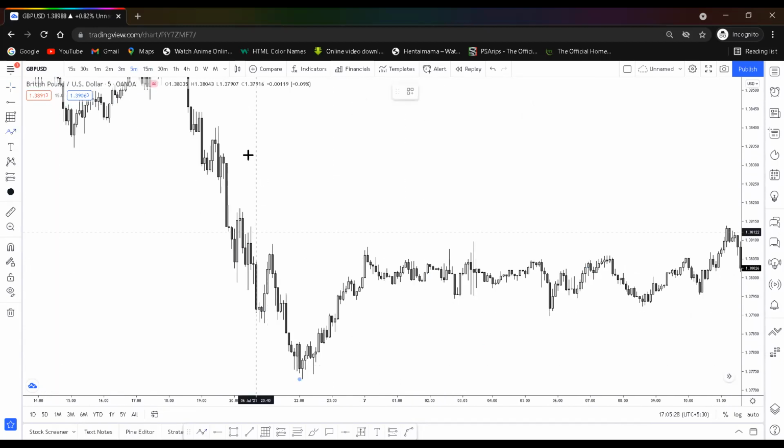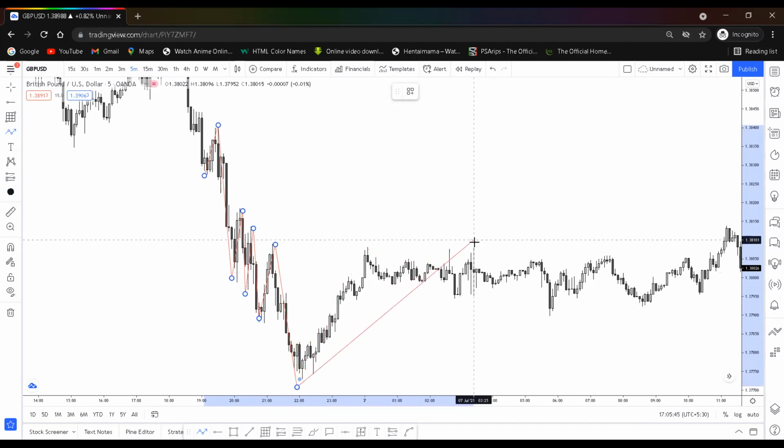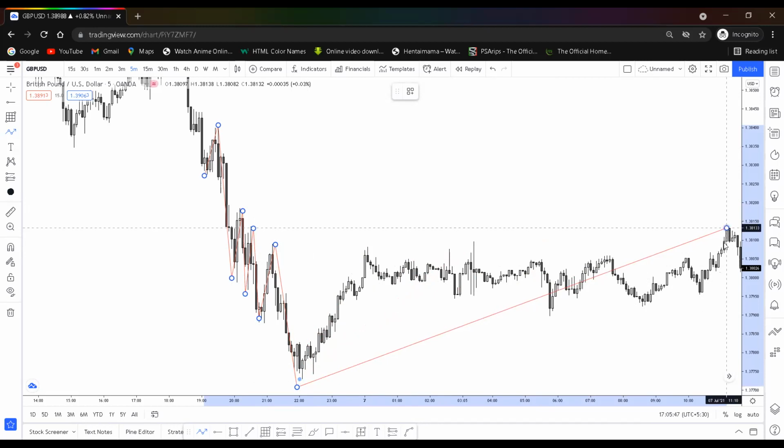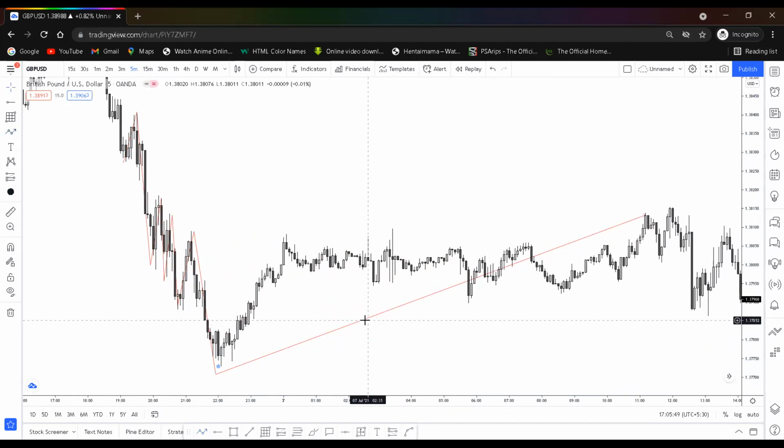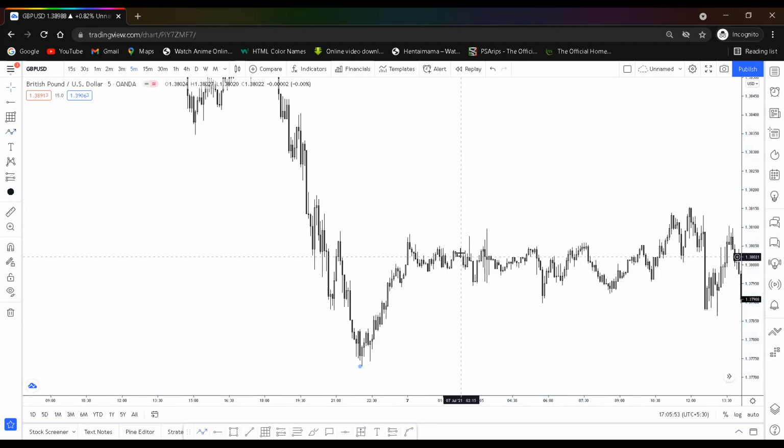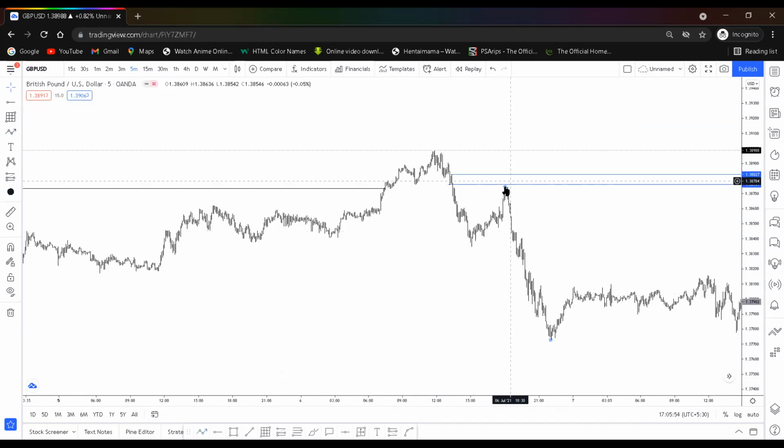So you see how price went lower highs, lower lows, repeatedly, and then it broke structure right here. Now we know that this is our new range from this high to this low. Once this counter trend gets broken, we know the pullback is going to start.